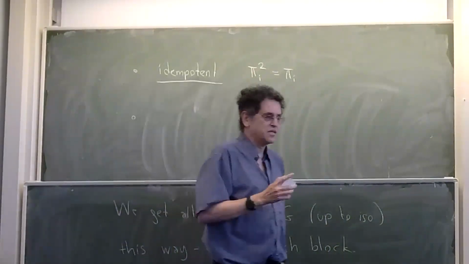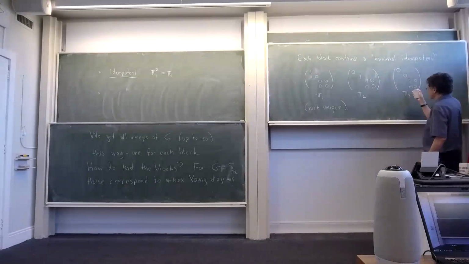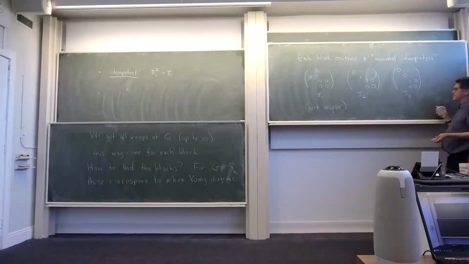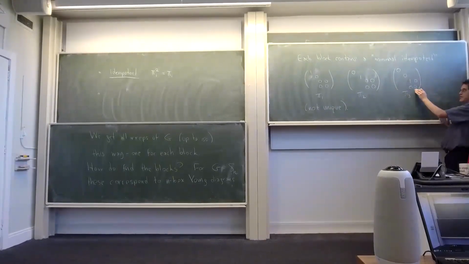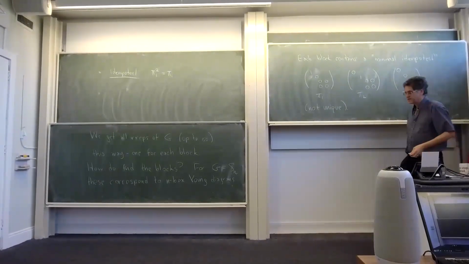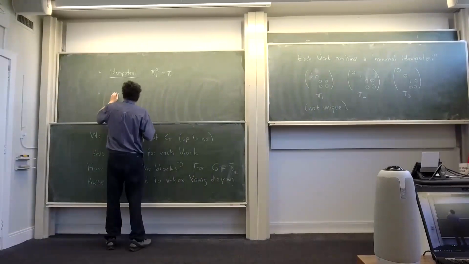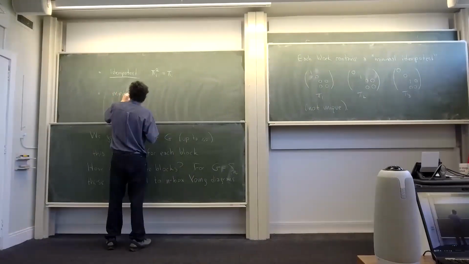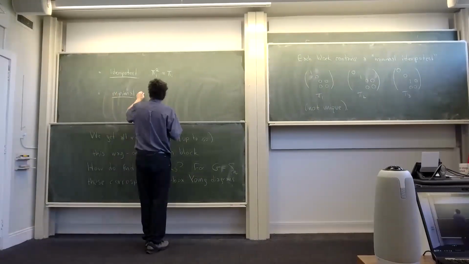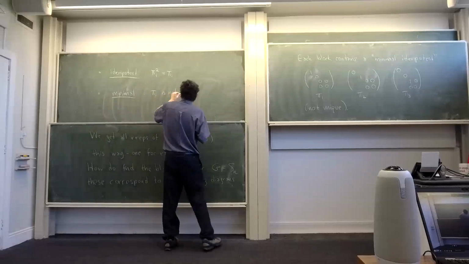Minimal is more subtle and interesting. So there, in this third block here, there'd be lots of idempotents. In particular, we could have stuck a 1 in both diagonal slots. We get the identity matrix there, and that's idempotent. But we're trying to make the smallest kind of idempotent we can, and that's what the minimal business means. So minimal means that your idempotent is not the sum of some other idempotents.